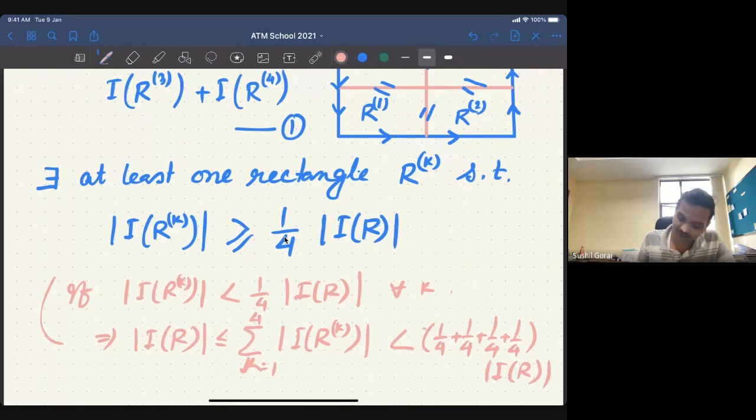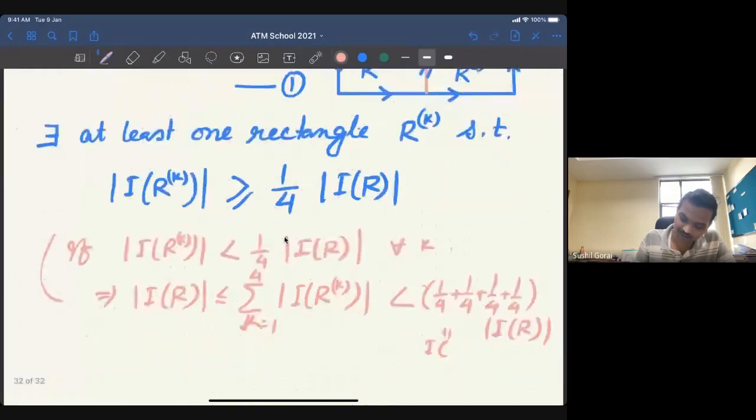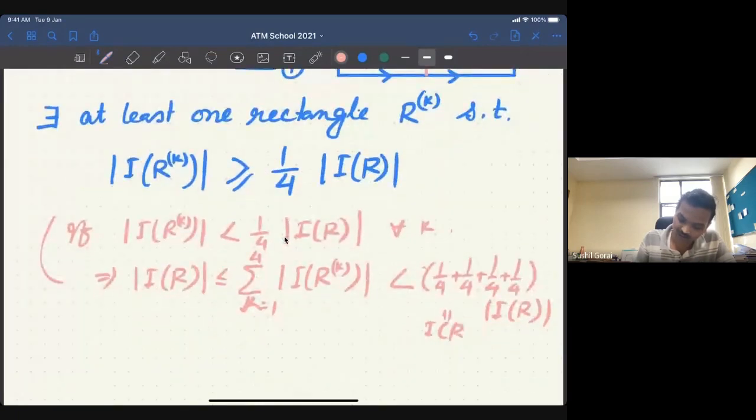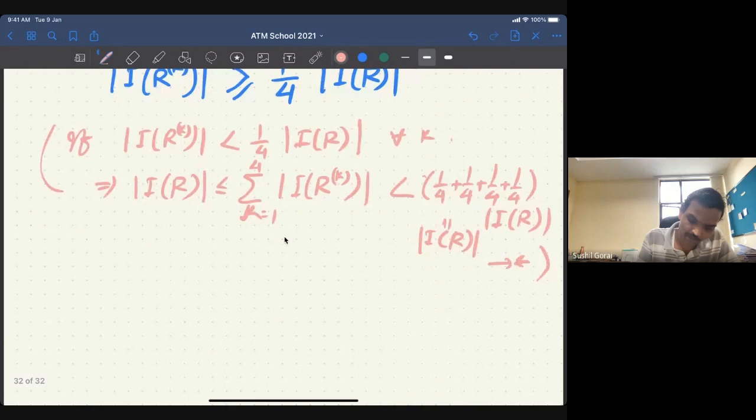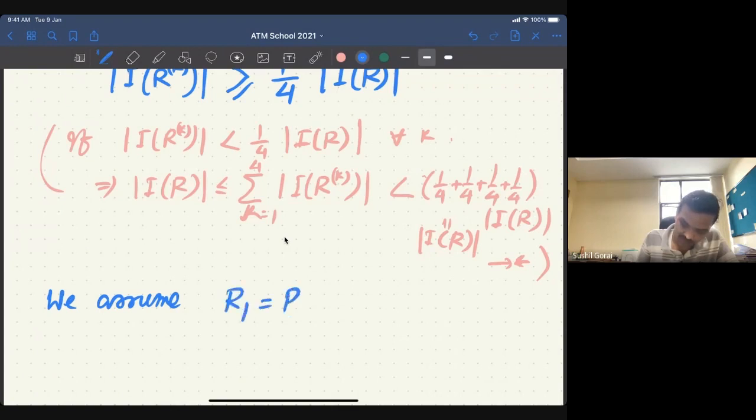Which is nothing but the modulus of I_R, and this gives you the contradiction. So this holds. So we assume R1 is that R_k.